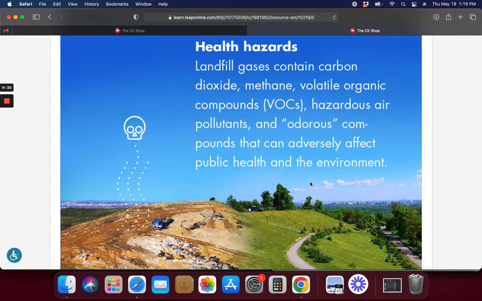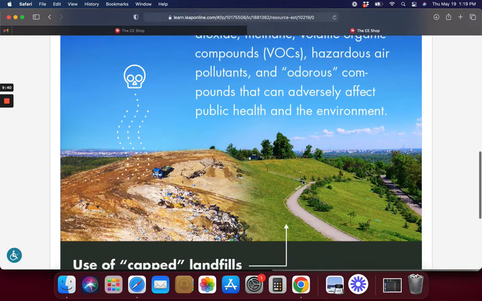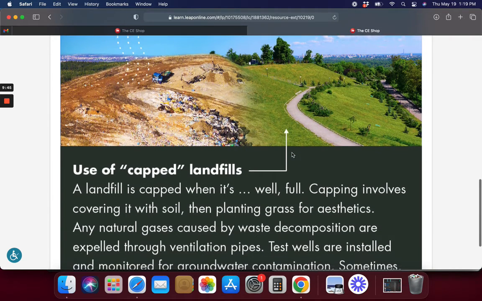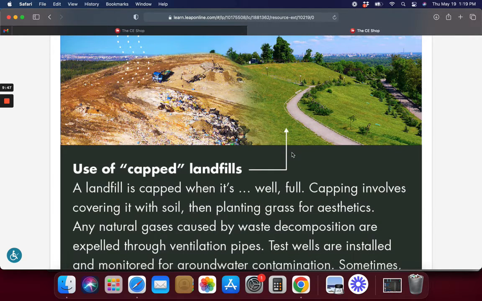Landfill gases contain carbon dioxide, methane, organic compounds, hazardous air pollutants, and odorous compounds that adversely affect public health and the environment. A landfill is capped when it's full. Capping involves covering it with soil, then planting grass for aesthetics.